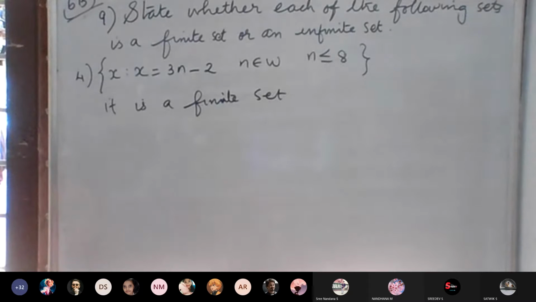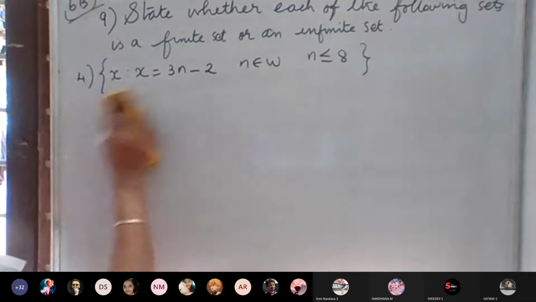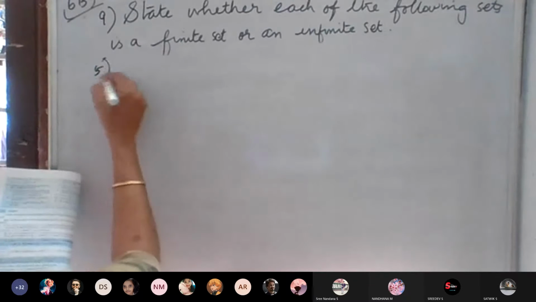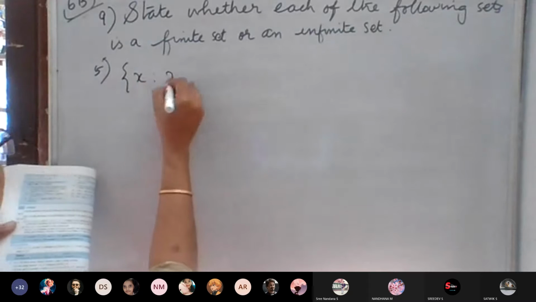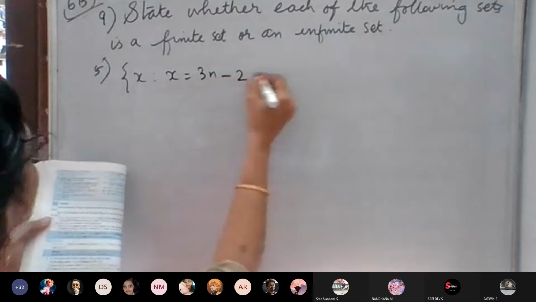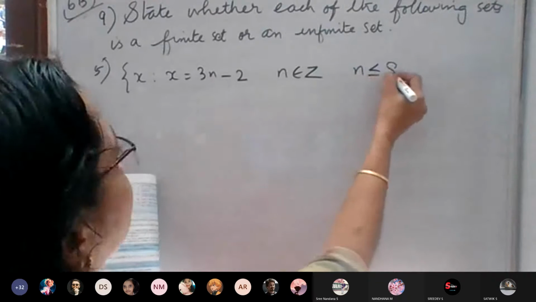Then question number 5: the set of all x such that x is equal to 3n minus 2, n belongs to Z, n less than or equal to 8.